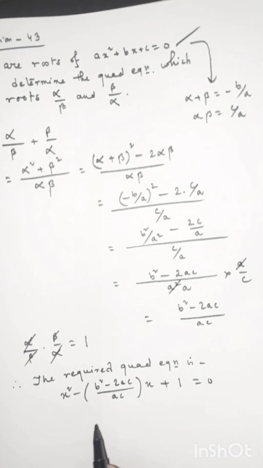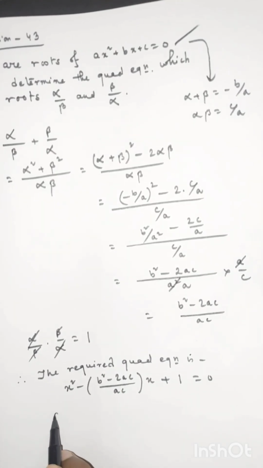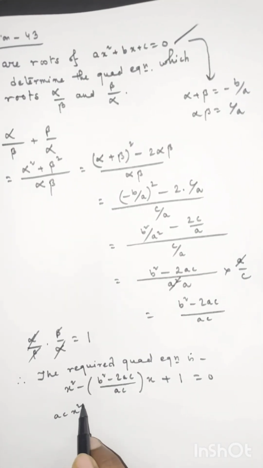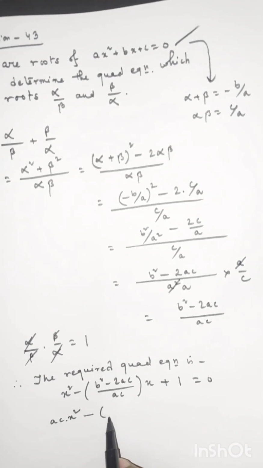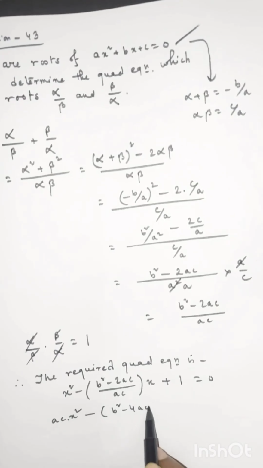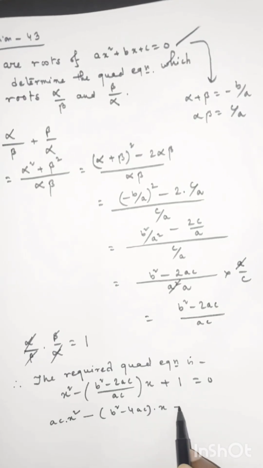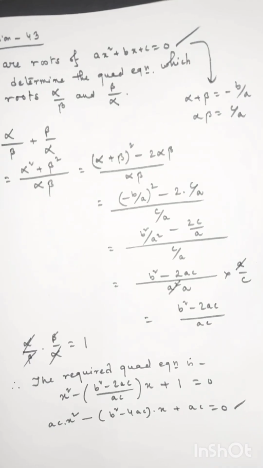Now if we multiply both sides of the equation by AC, we get, so this should be our required equation.